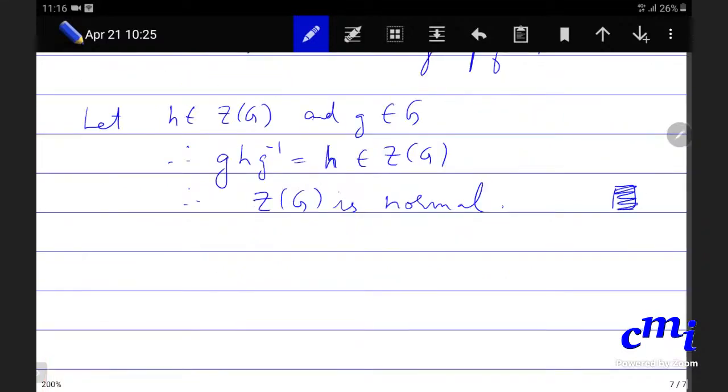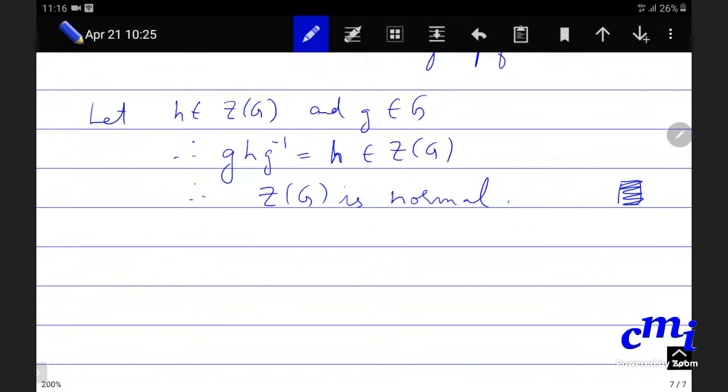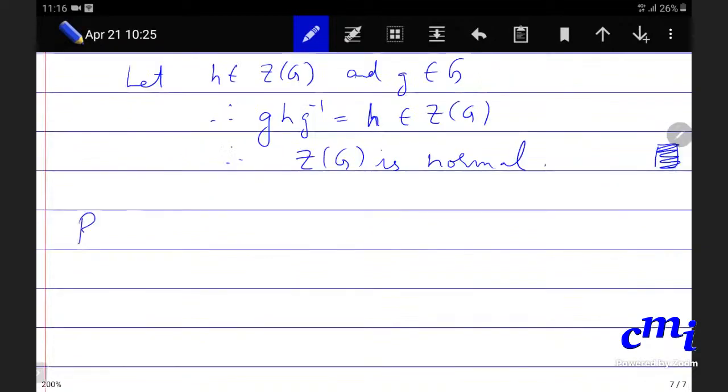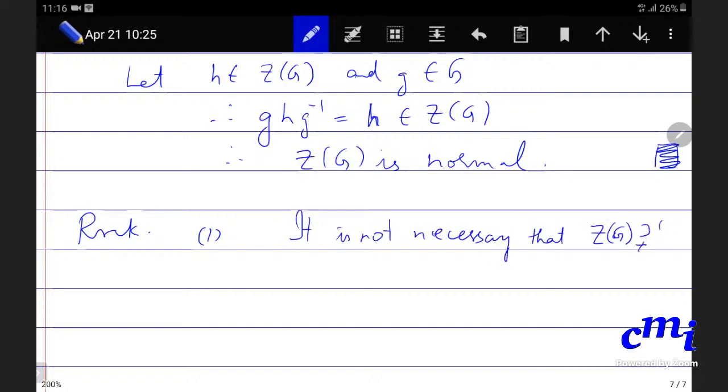Maybe some remarks. It is not necessary that Z(G) is strictly bigger than the identity element.